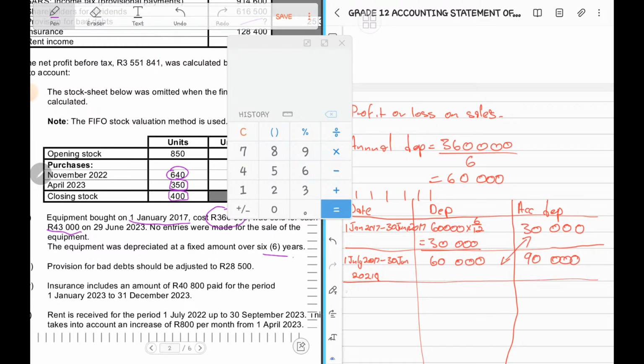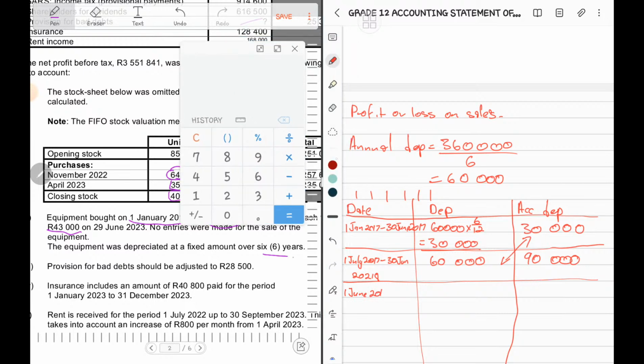Okay, then next year it will be 1st July, not June, sorry about that, 1st July 2018 up until 30 June 2019.